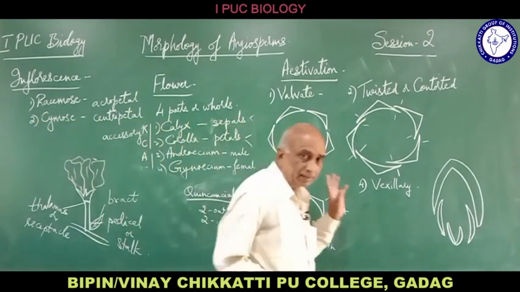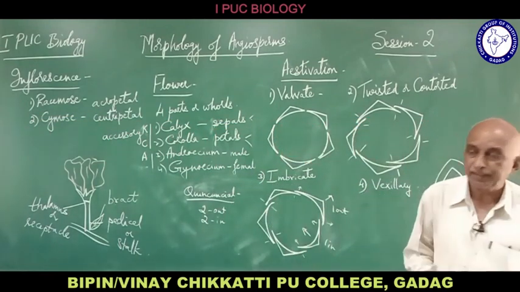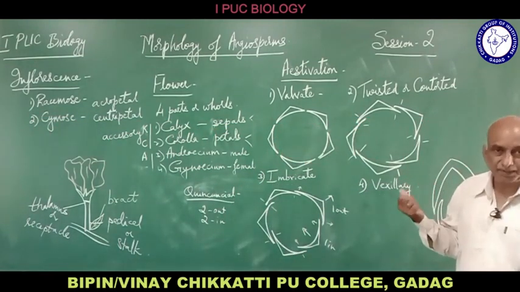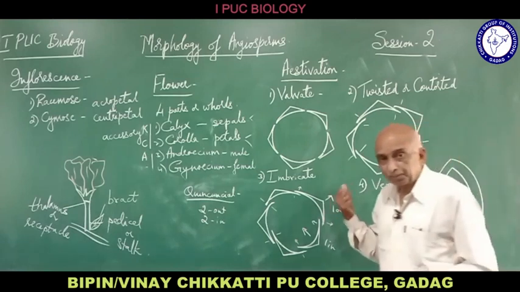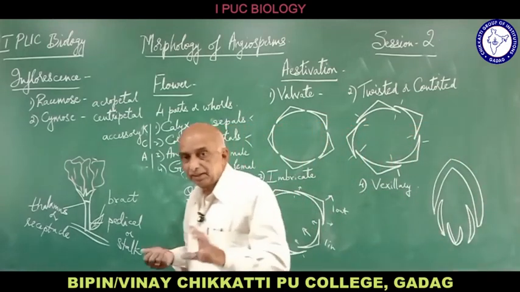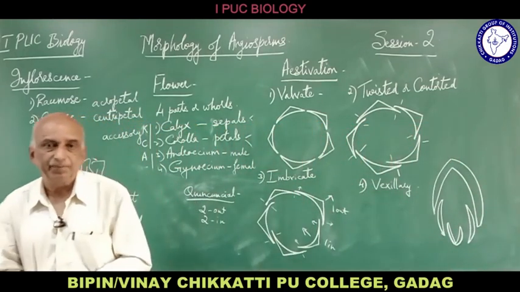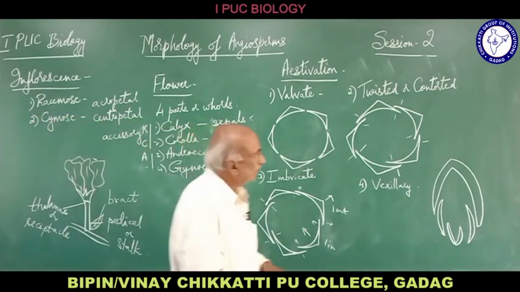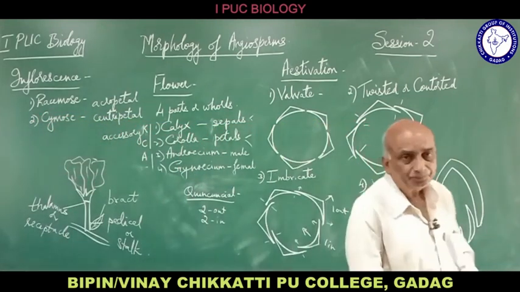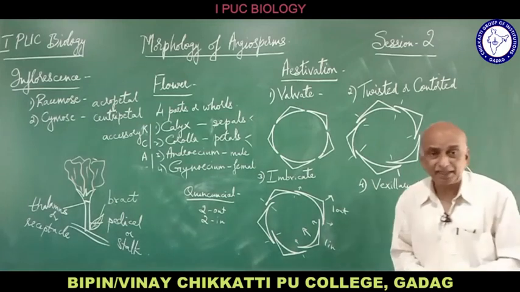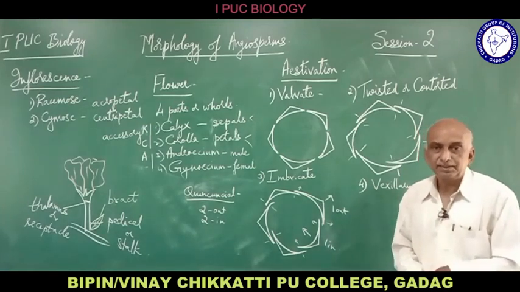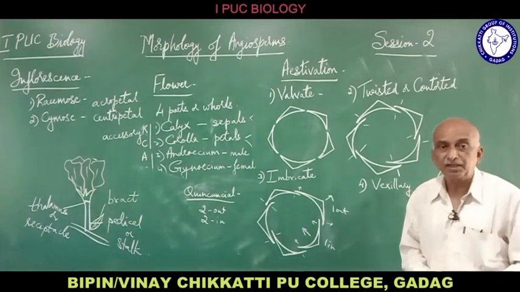So estivation is the arrangement of the petals or sepals in the bud condition of the flower. That means usually when we want to observe the arrangement practically in a flower, it is clear only at the time of the bud condition.